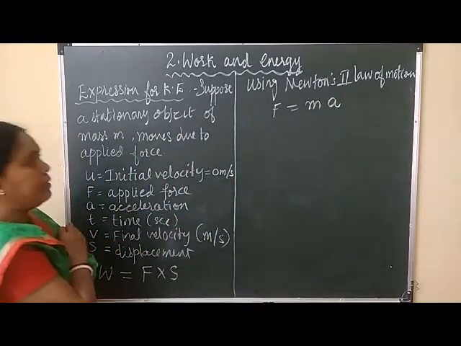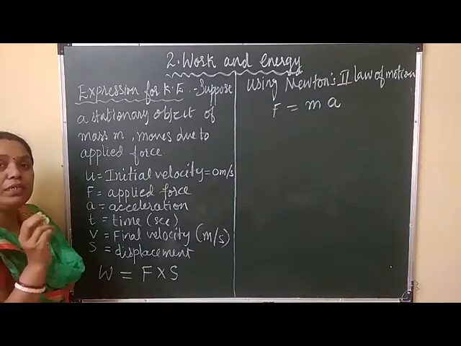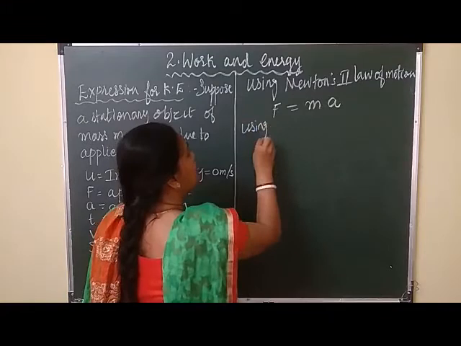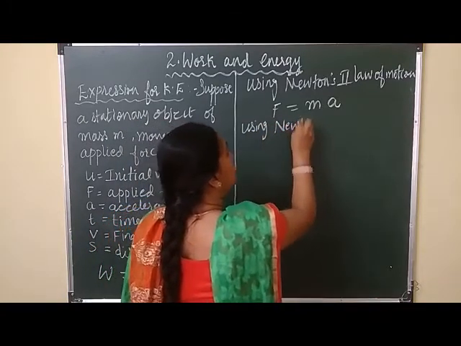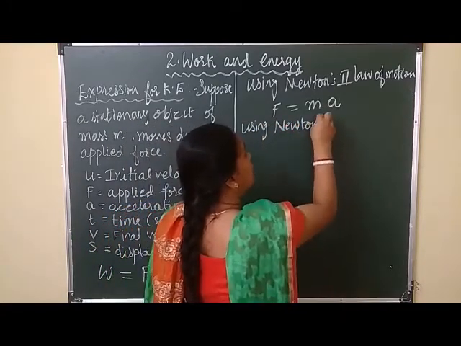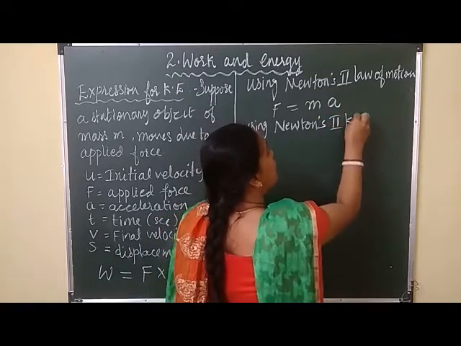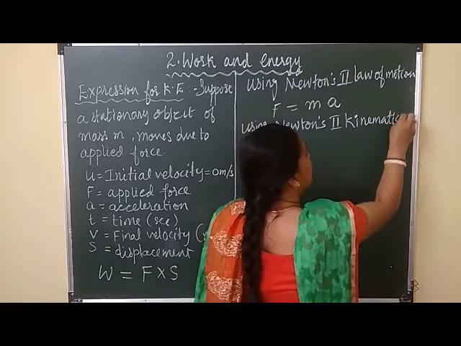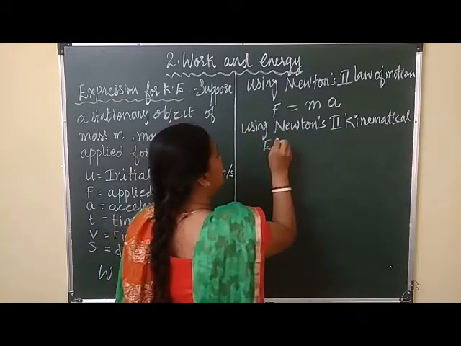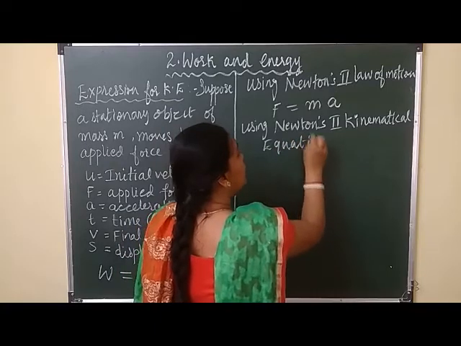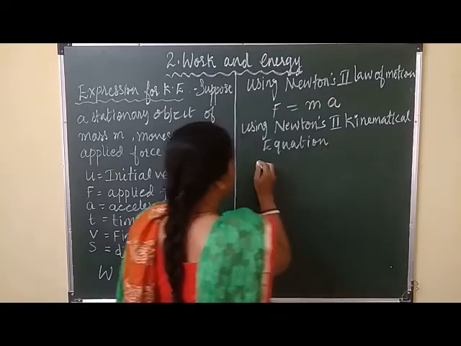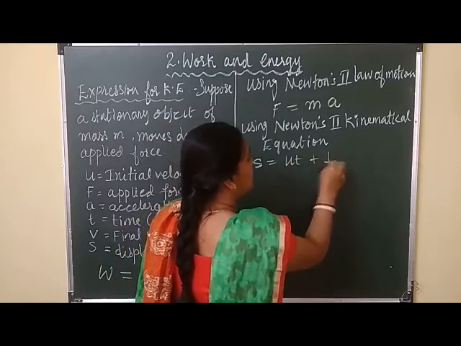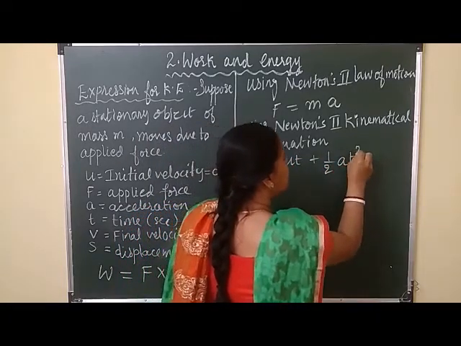And using Newton's second kinematical equation, we know that s is equal to ut plus half at square.